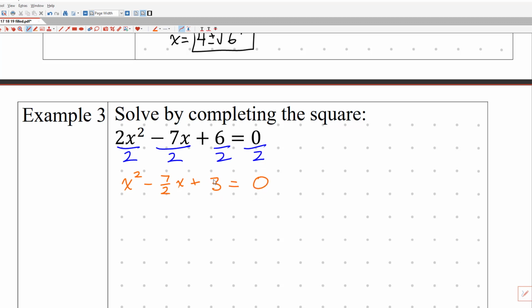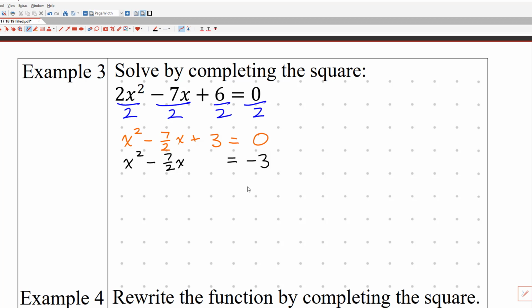Okay, so next I'm going to subtract 3 from both sides. So that's going to be x squared minus 7/2 x is equal to -3. Okay, so from here, procedurally, I'm thinking of that rectangle. I know I have to divide this -7/2 between those 2 spots, so I'm dividing it by 2.